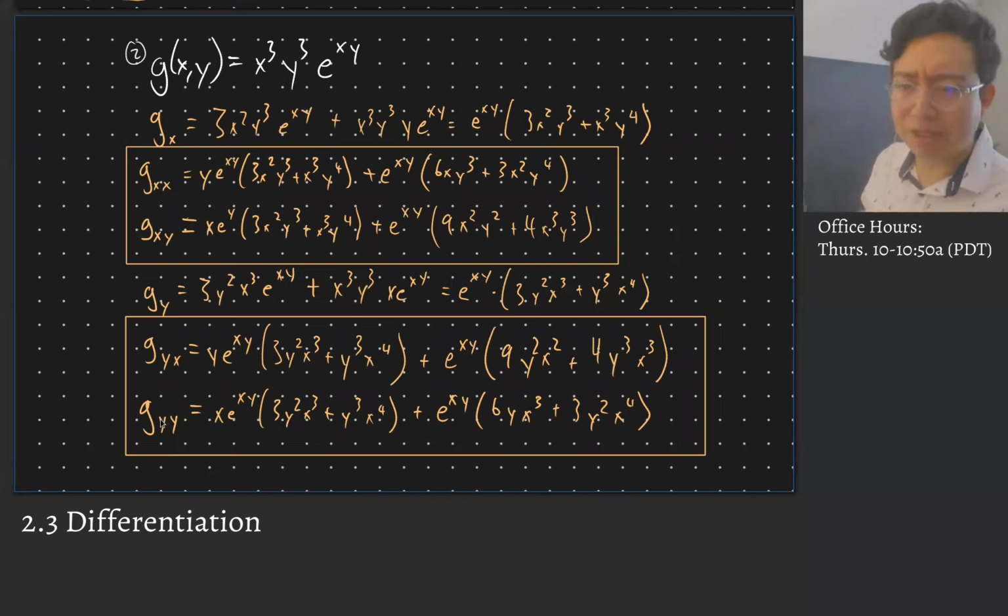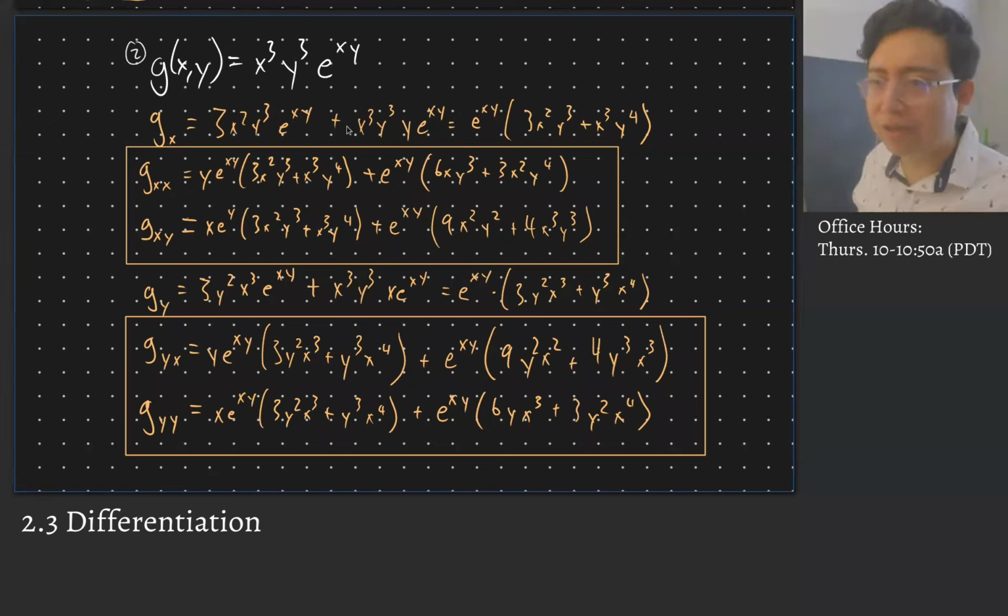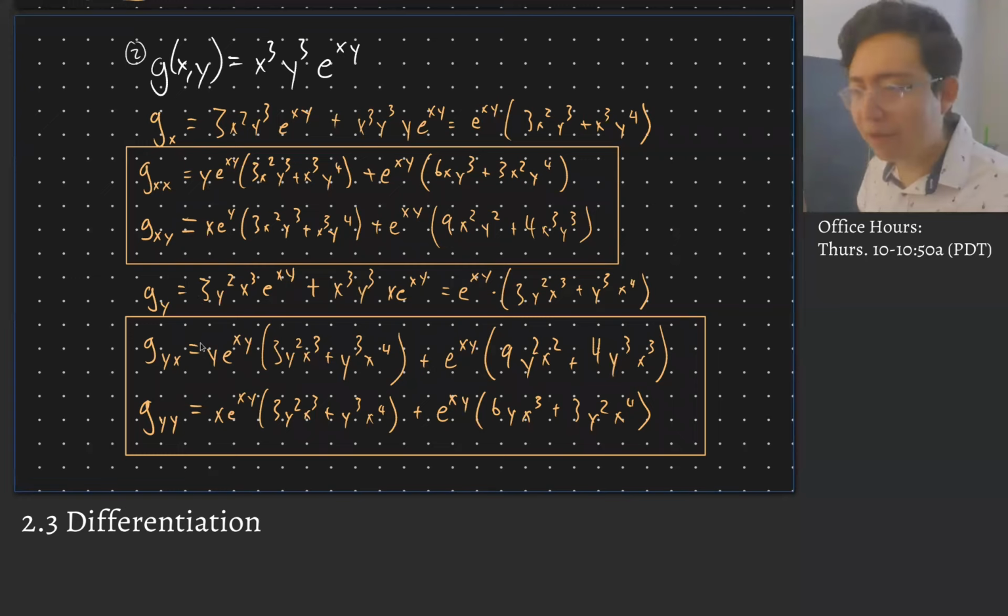It might make more sense to do g_xx, then g_xy, and then g_yy and then g_yx. The order doesn't matter as long as you do the first derivative. You need to do this before you can do either of these, and you need to do this before you can do either of these. So the order I have them here is acceptable, but there's no correct order to do them in.